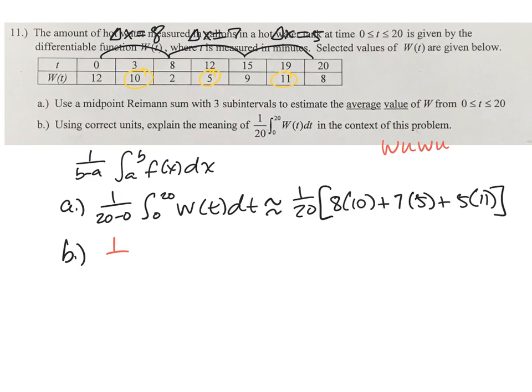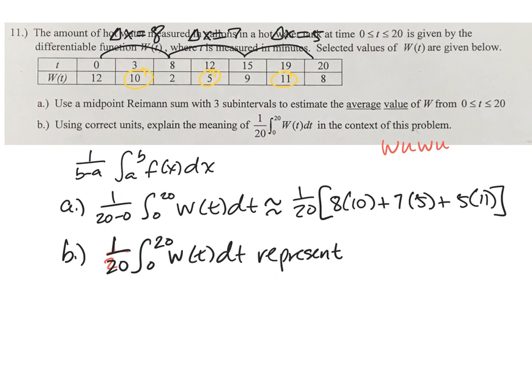Let's say 1/20th of the integral from 0 to 20 of W(t) dt represents, now what was W(t), remember, was a function that tells us how much water is in the tank at any time t.